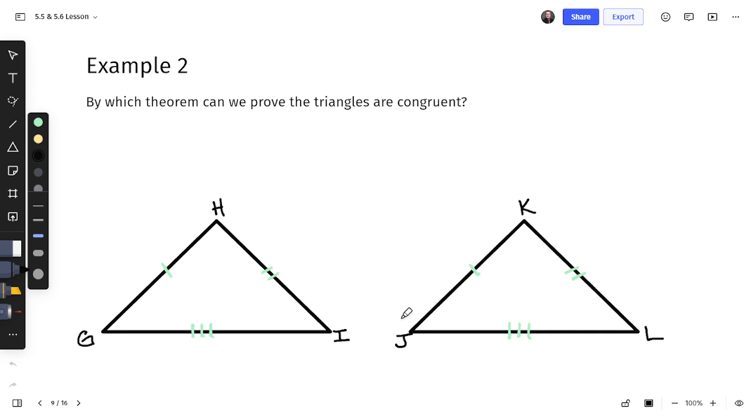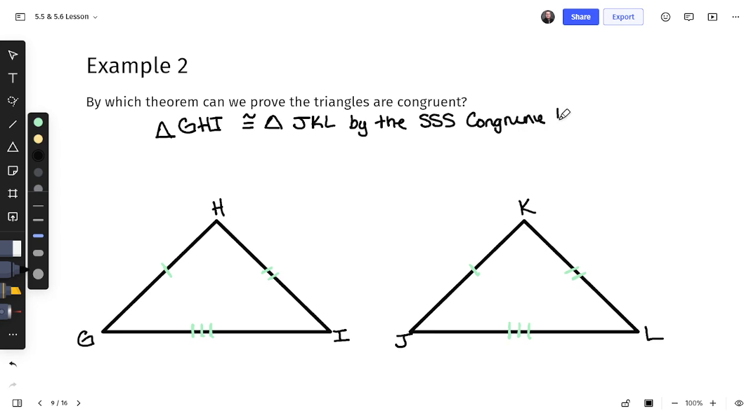This is a pretty standard case of the side-side-side congruence theorem. So we can say that triangle GHI is congruent to triangle JKL by the SSS Congruence Theorem.